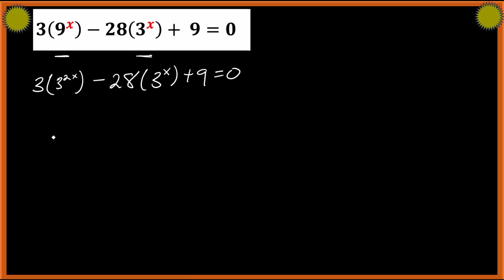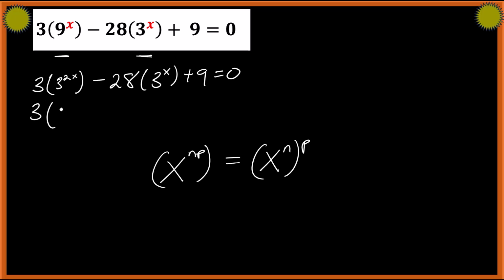All right, now in case we're given x raised to np, that is the same as x raised to n all raised to p. So we can write this one as 3 times 3 raised to x all squared minus 28 times 3 raised to x plus 9 equals 0.